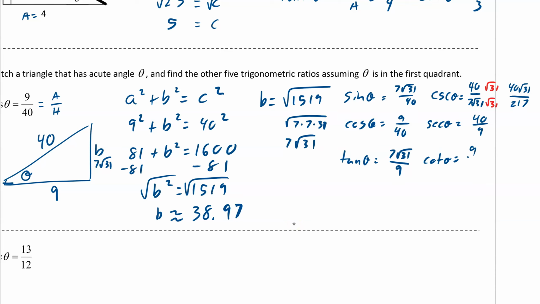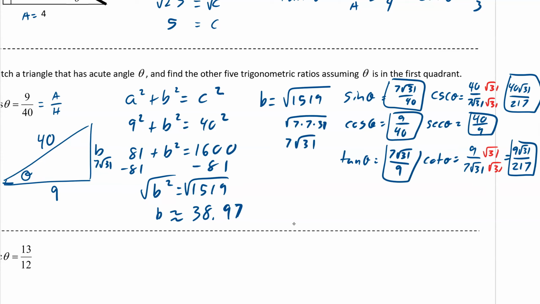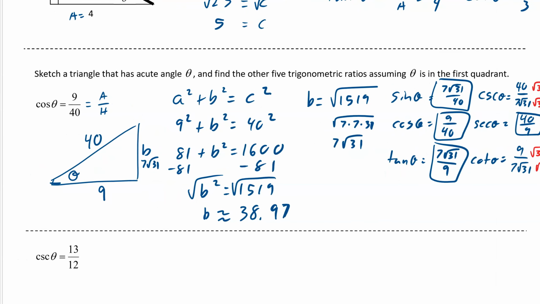And then 9 over 7 square root of 31. We rationalize. And we get 9 square root of 31 over 217. And there you have it. That is all 6 trig ratios.